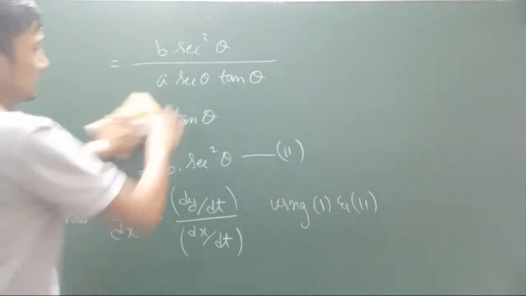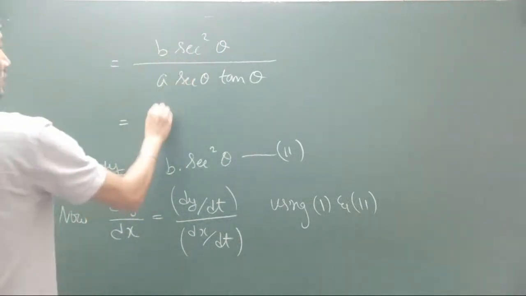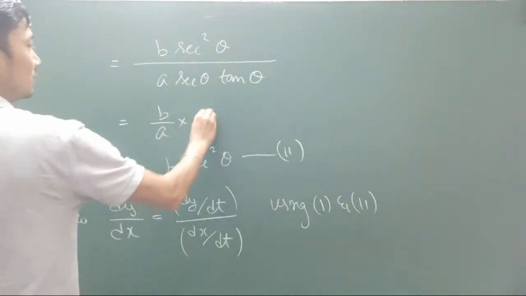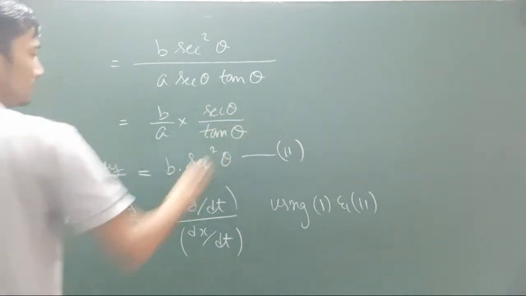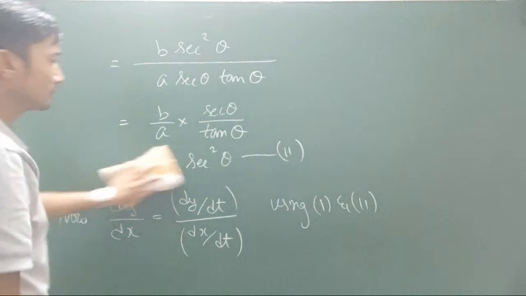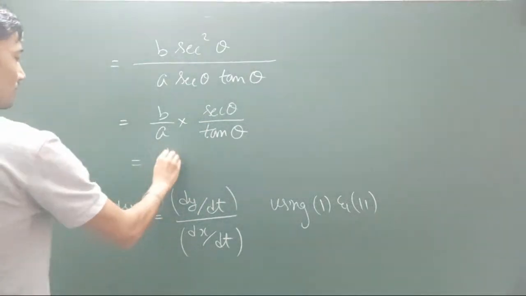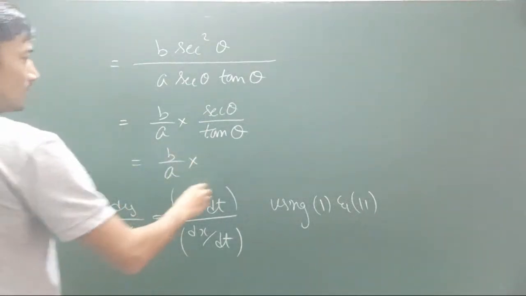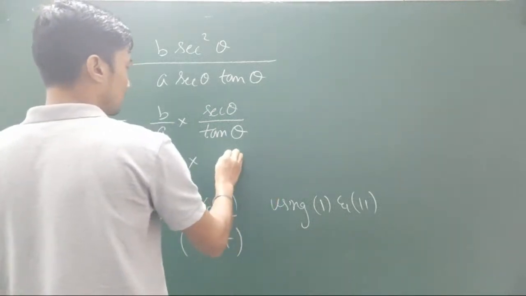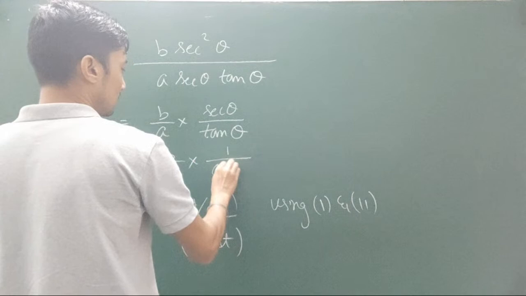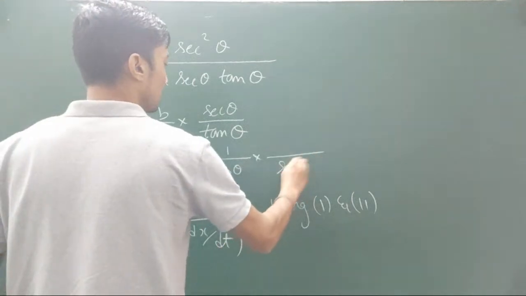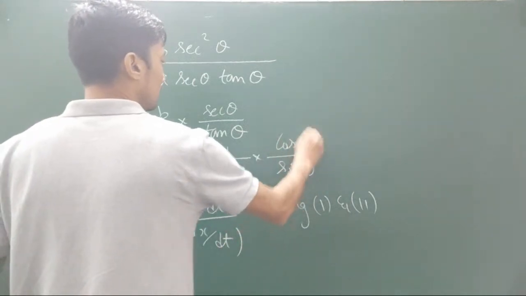So 1 sec theta cancels, we will have b by a into sec theta by tan theta. Now sec theta by tan theta, 1 by cos theta, tan theta is sin theta by cos theta.